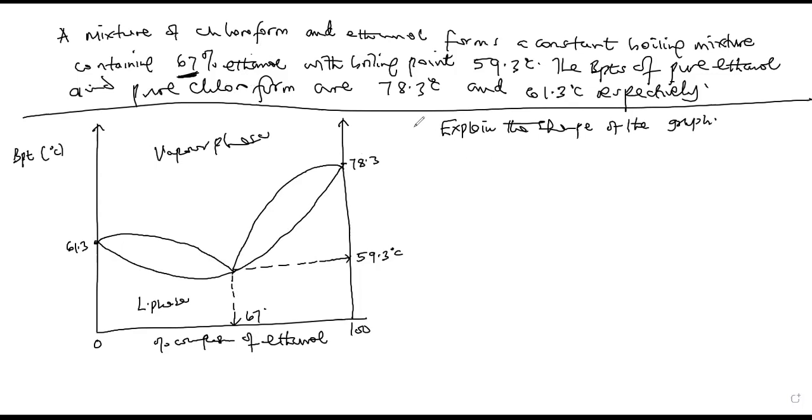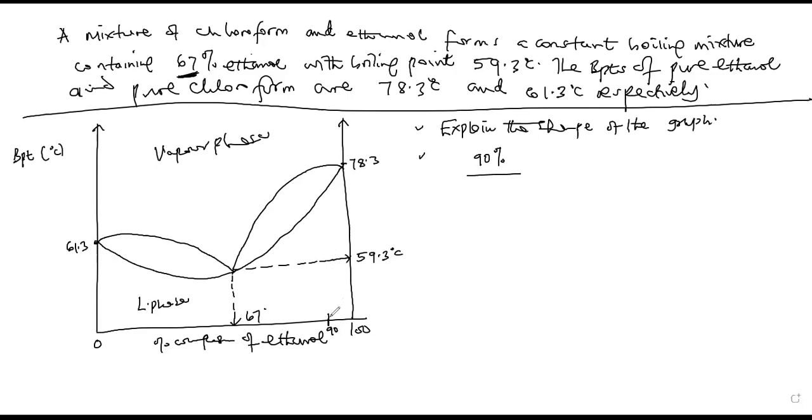Then maybe they can also ask you to explain the changes that take place when a solution containing like 90% of ethanol is distilled. So you have to look out for 90% of ethanol, maybe here.